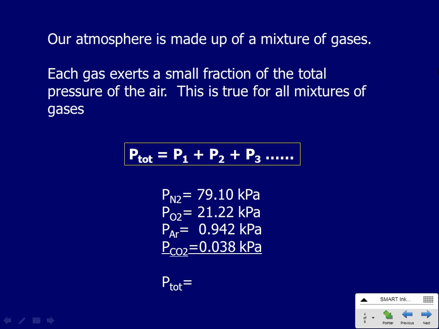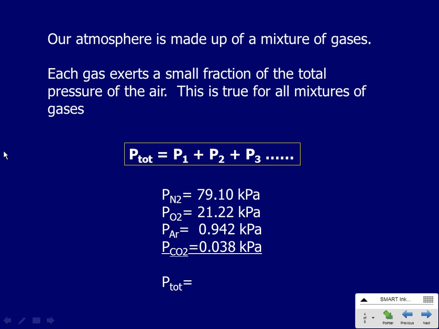A good example of that is our atmosphere. You don't need to rewrite the equation there. I didn't even realize it was there, but you can make a statement of that, or you can write the rest of it. But our atmosphere is a classic example of the law of partial pressure.